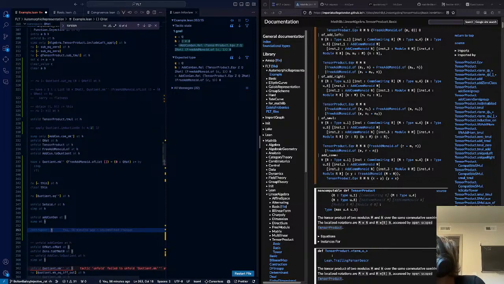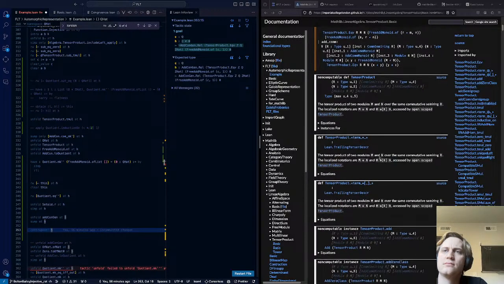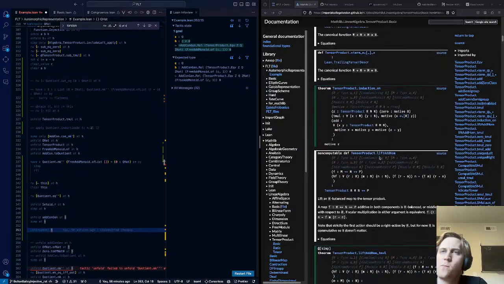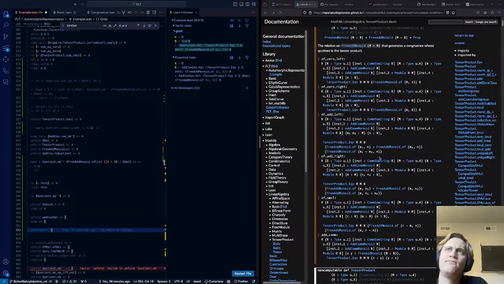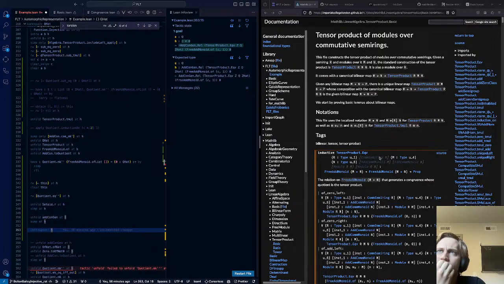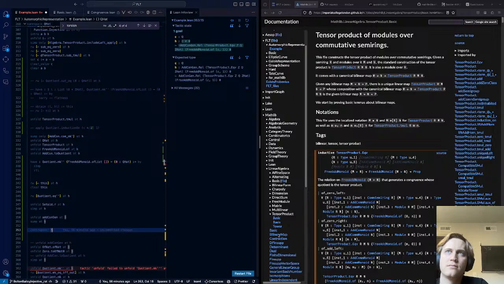Right. Bilinear map. Right, it comes with a canonical bilinear map.